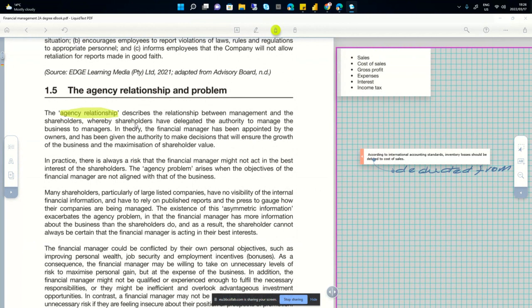The management should have at heart the best interest of the owners, but in real life it's not always like that.